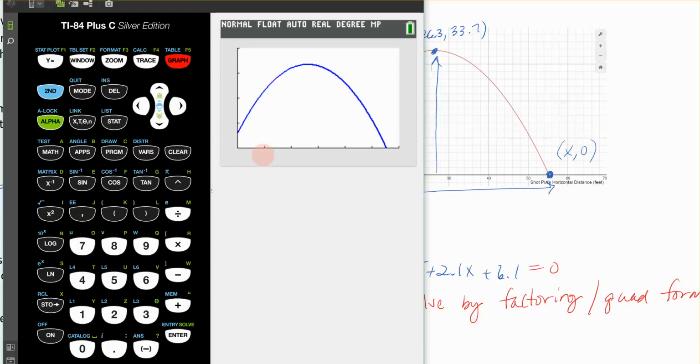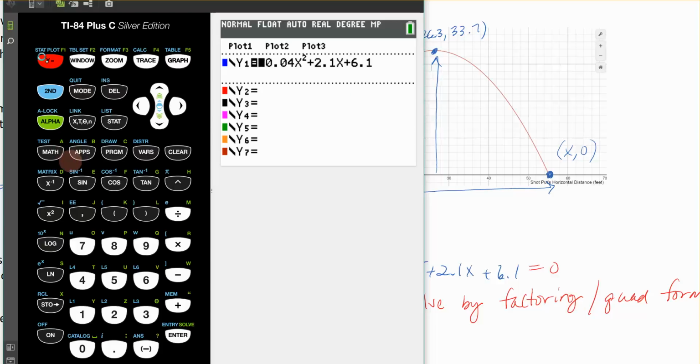The point I'm interested in is the point that's over here where it touches the x-axis. Now in order to get the intersection of that point and the x-axis, I have to do one extra step on my graphing calculator. I want to use the intersection option, but it has to find the intersection between two lines or curves.